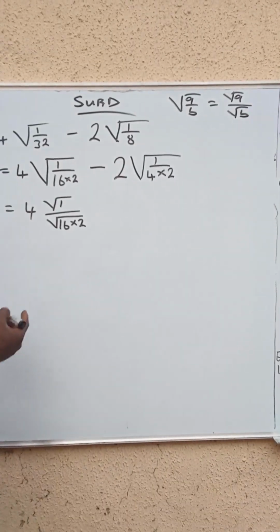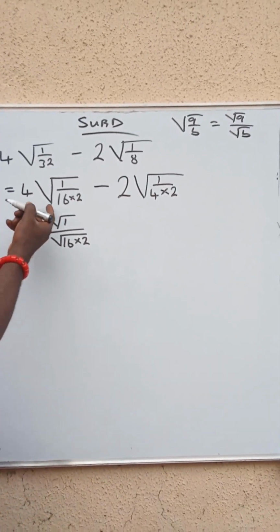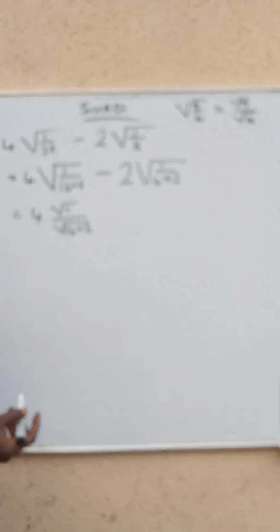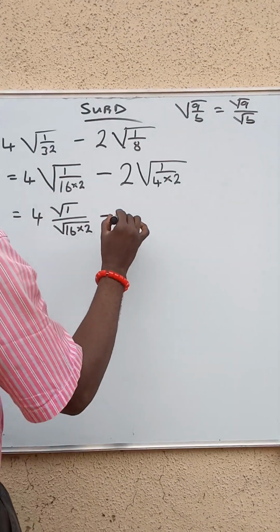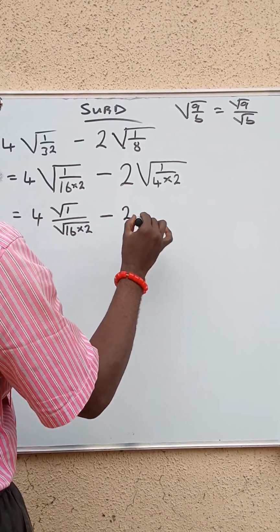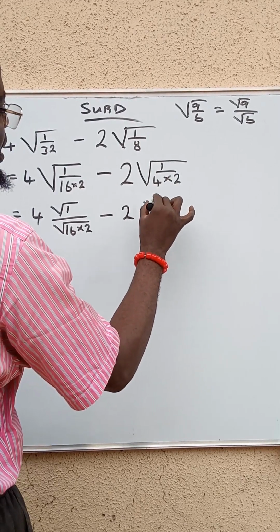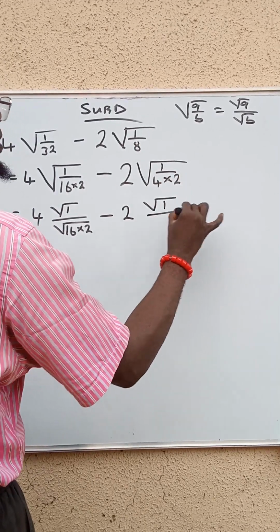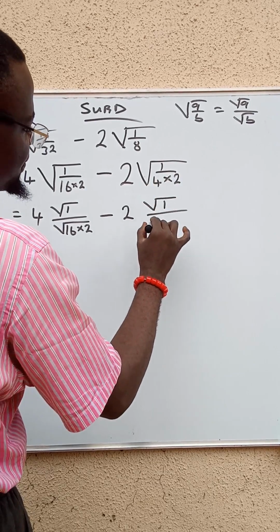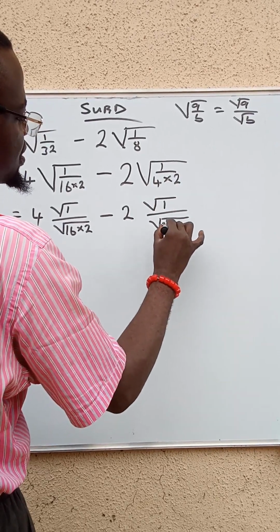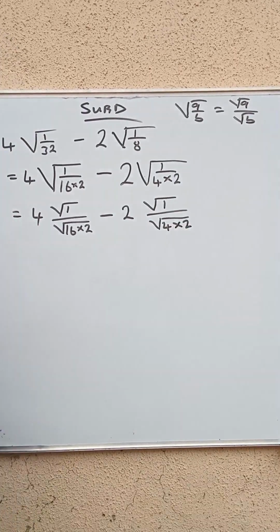So that's what I applied here. Since the root is for both of them, I gave it to 1 and I gave it to 16 multiplied by 2. So minus 2, the same thing will happen here. I'll give 1 its own root, and I'll give this one its own root.